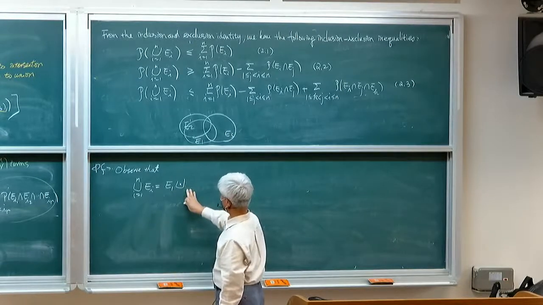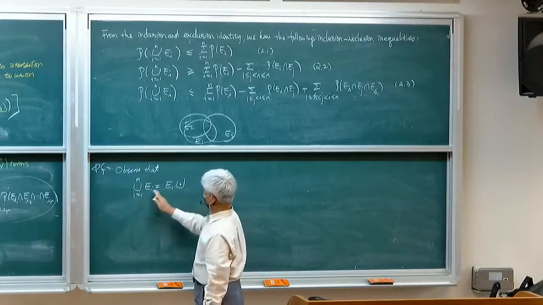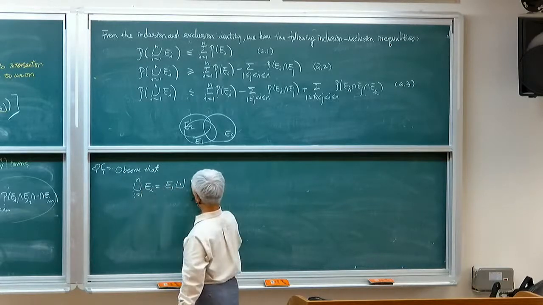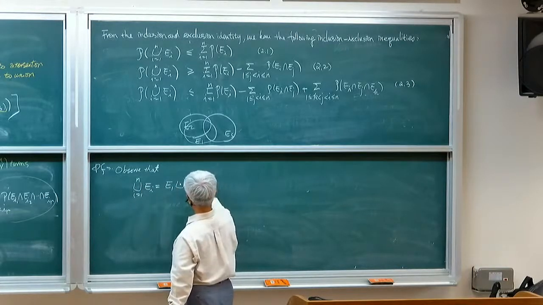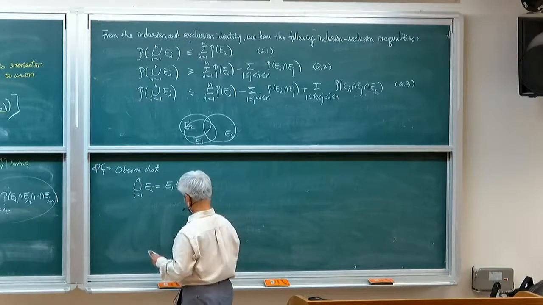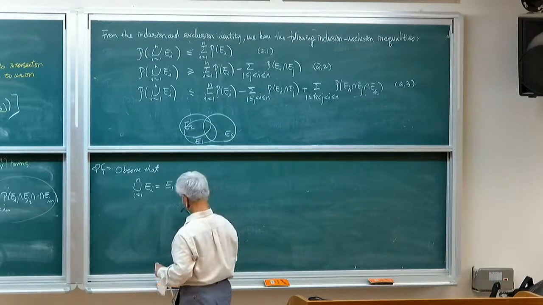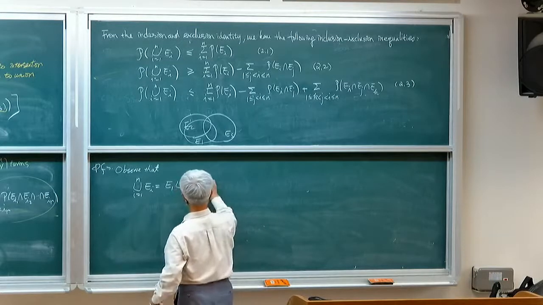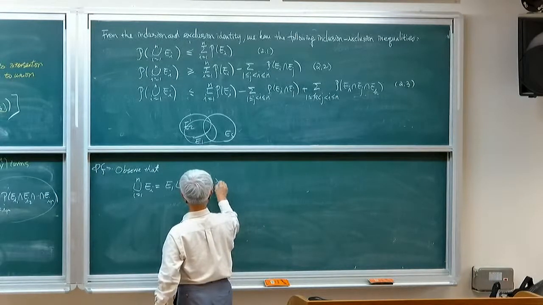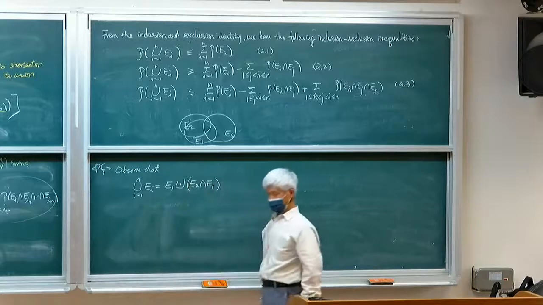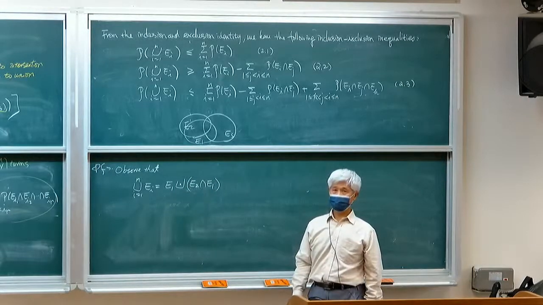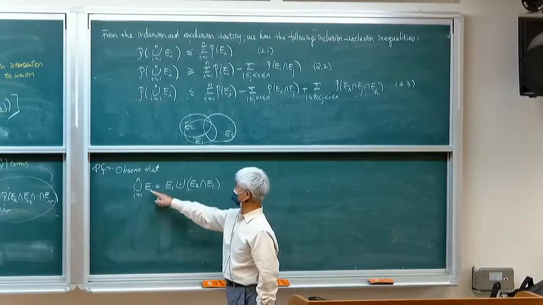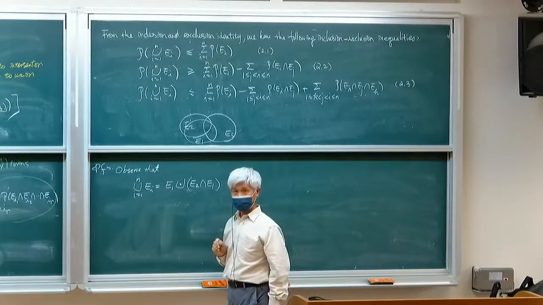E1, and the sum of the members in here is from E2, right? But we will intersect with the complement of E1, okay?